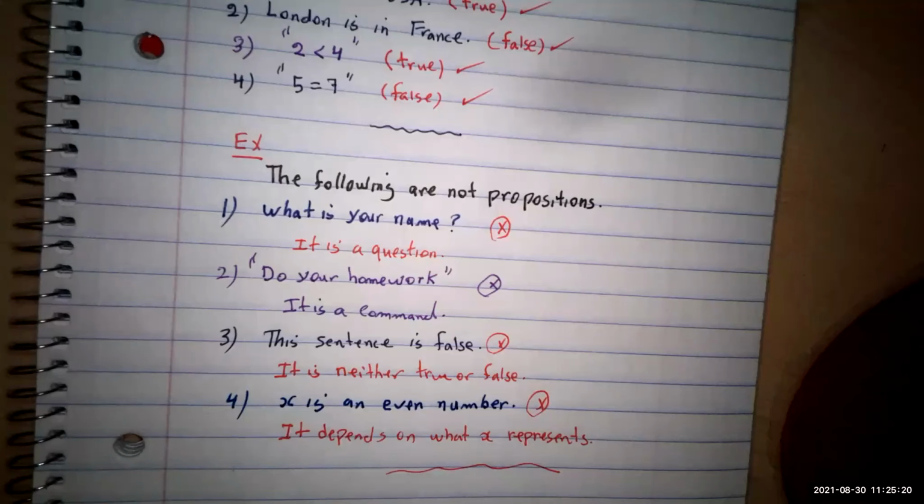But we are going to use some connectives, like in everyday life, to combine them together. When you combine them, we make bigger propositions. So these original ones can be considered atomic.